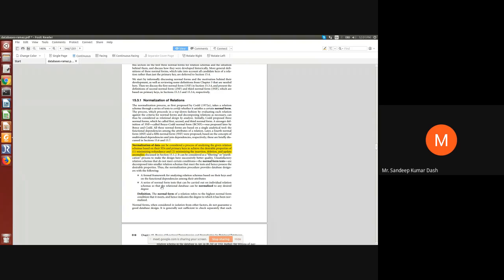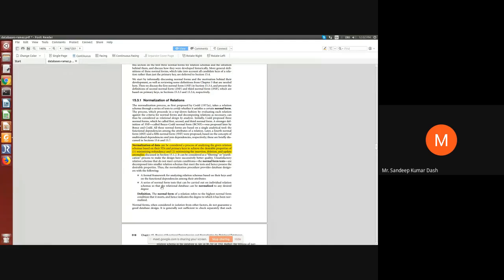Suppose your schema or your database that you have designed meets normal form 2, and I have designed a data set which meets normal form 1. Then your design is better than my design. Okay, so 1, 2, 3, 4, 5. There are 5 levels of normal forms that come under this normalization concept. The highest you have attained is the better.